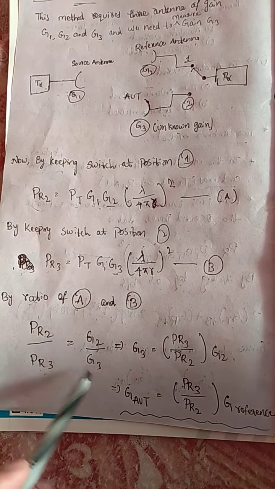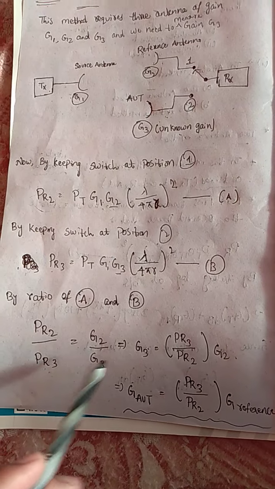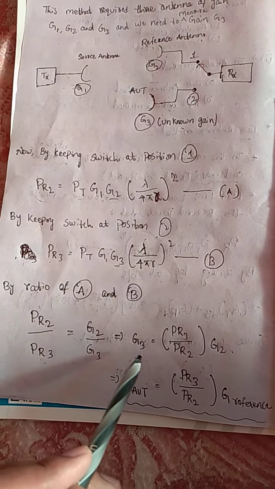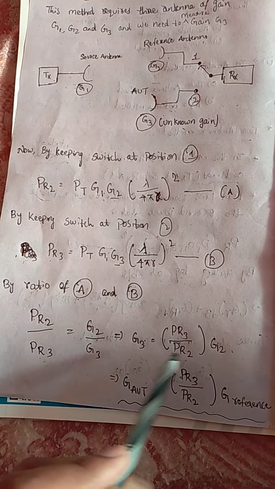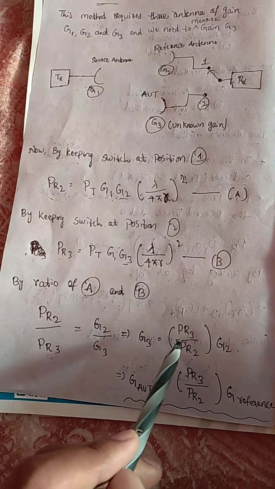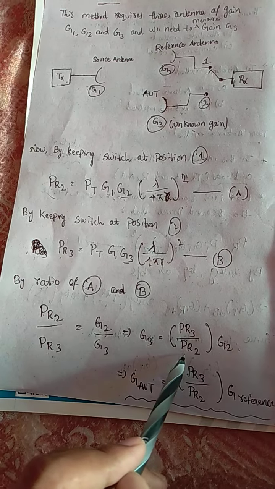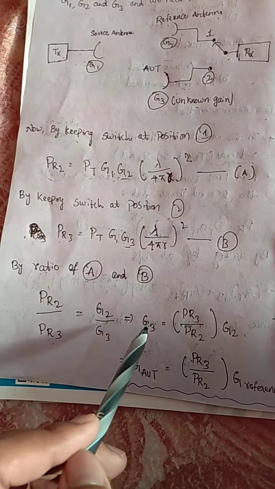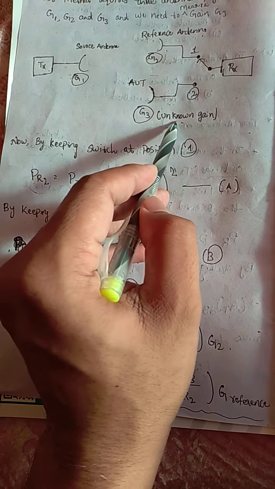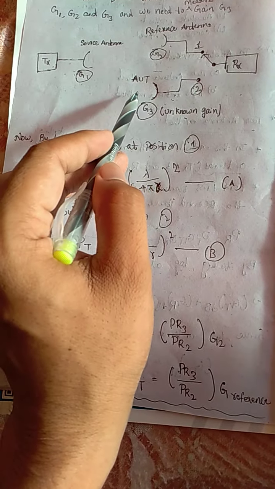From this we have to estimate G3. Then G3 is equal to PR3 by PR2 times G2, that is, the power received by antenna 3 by the power received by antenna 2, times G2. G3 is the unknown gain of the AUT, antenna under test.